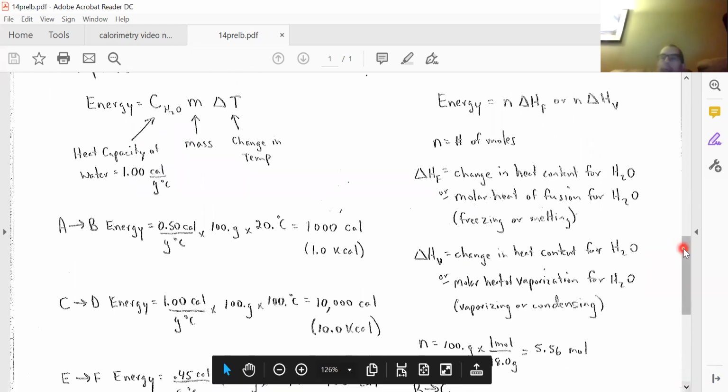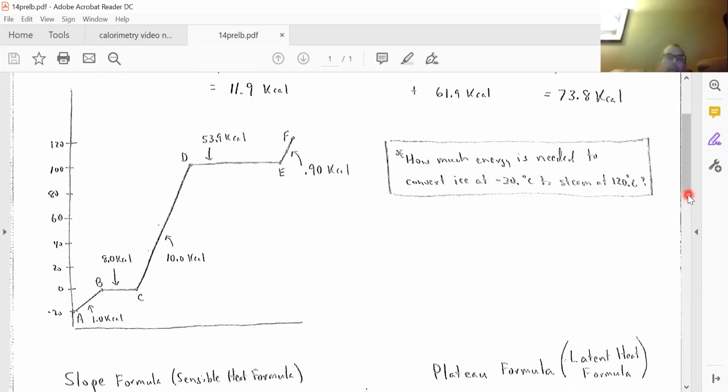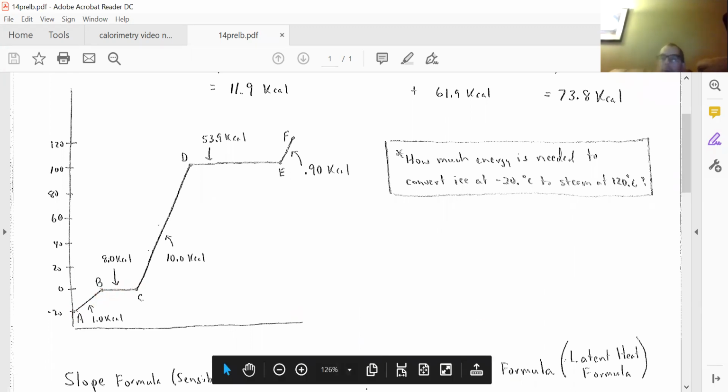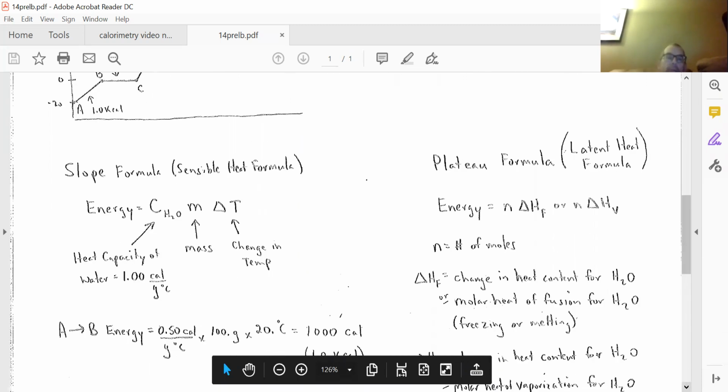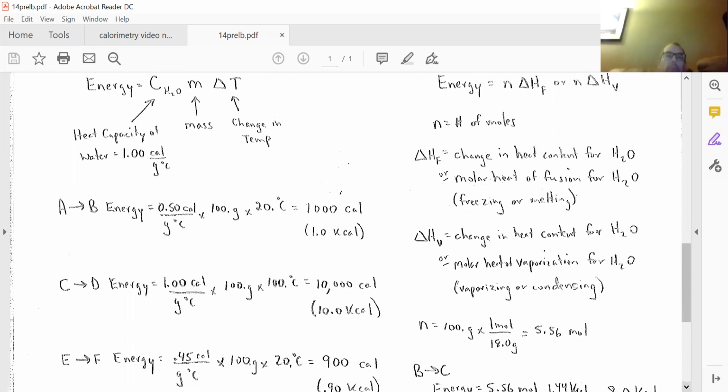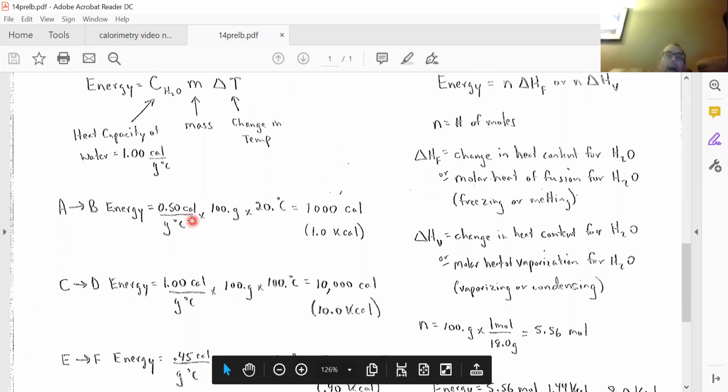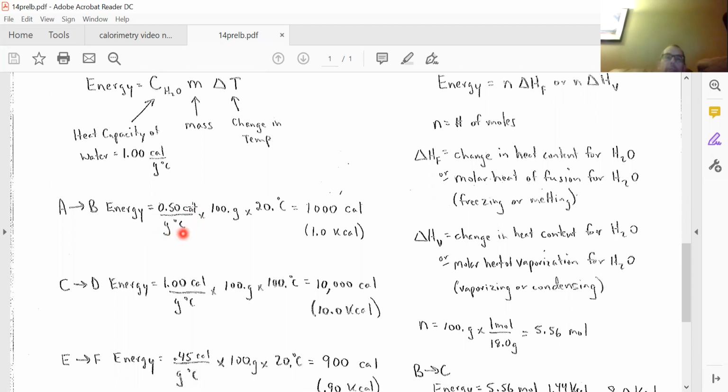So going from A to B, remember A to B is this change from negative 20 to 0. Here it is going to be the heat capacity of ice, which just so happens to be 0.50 calories per gram degree Celsius.